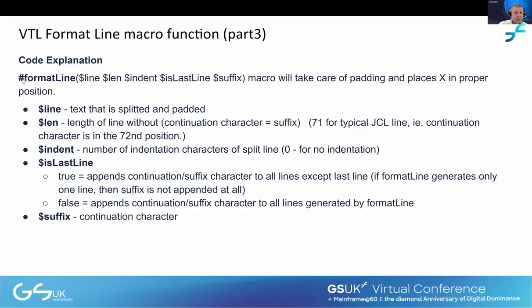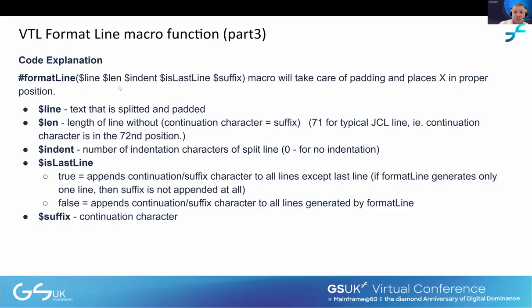The macro is called format line. It has 1, 2, 3, 4, 5 parameters: line, length, indent, is it last line, and suffix. The line is the text which you are filling in, which you want to do some work with. Then the length is where you want the split to be done.